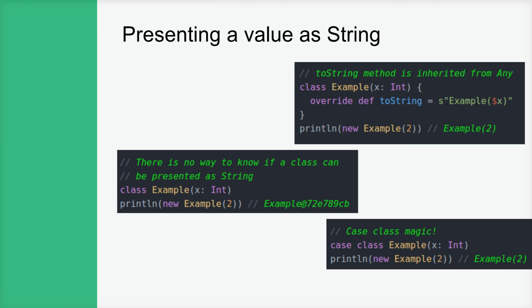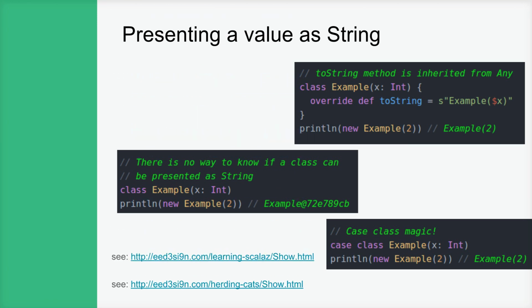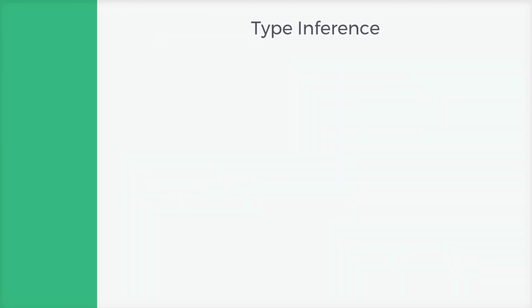And if you want a more reliable way to detect when you can represent an object as a string or not, you can take a look at some functional programming libraries like Scalaz or Cats. They have something called Show, similar to the show from Haskell, that will let you check if you can represent something as a string. It's very useful for some applications.